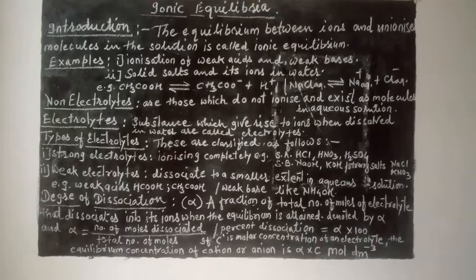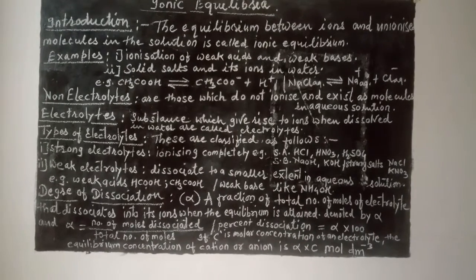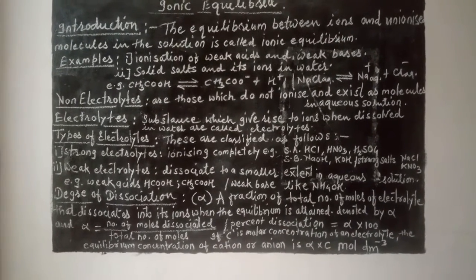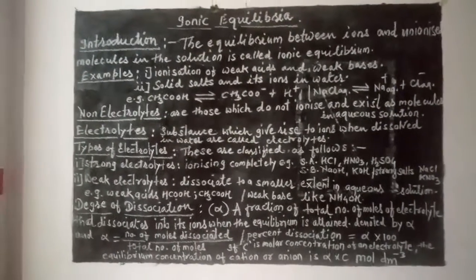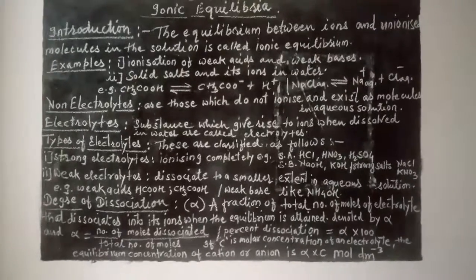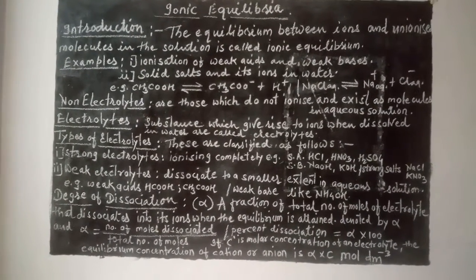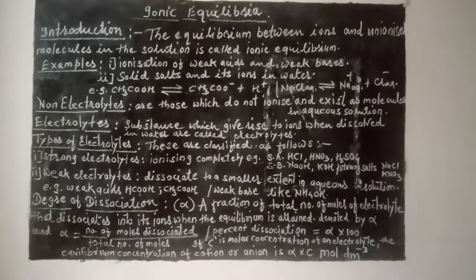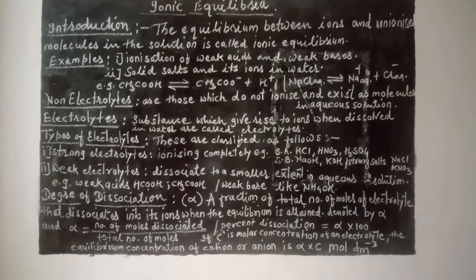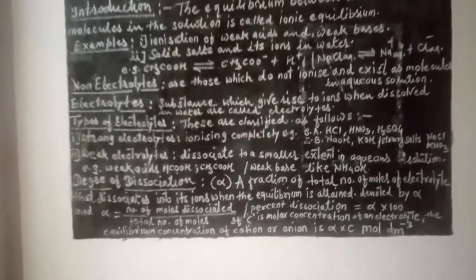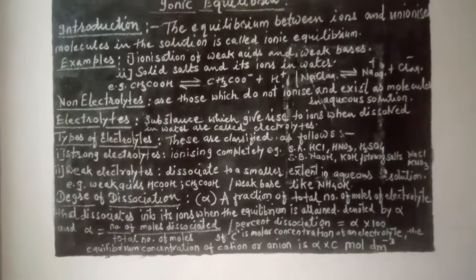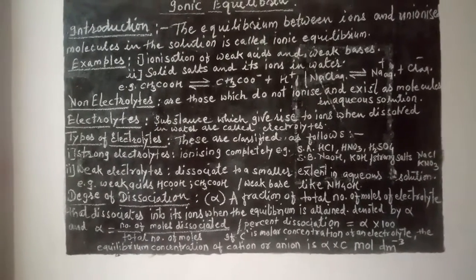Or you can say that these species when dissolved in water form cations and anions. Next we will deal with the types of electrolytes. The electrolytes are classified as follows: strong electrolytes and weak electrolytes.